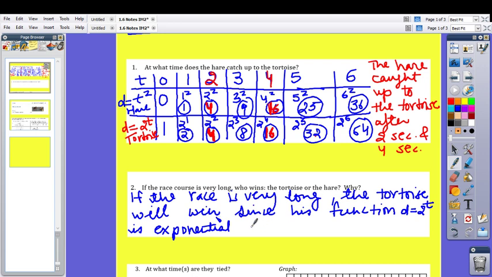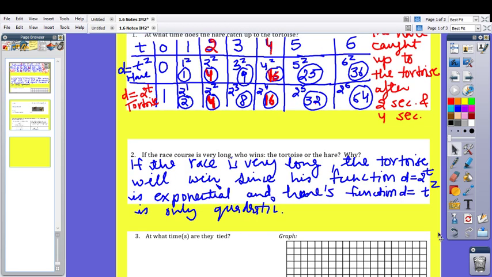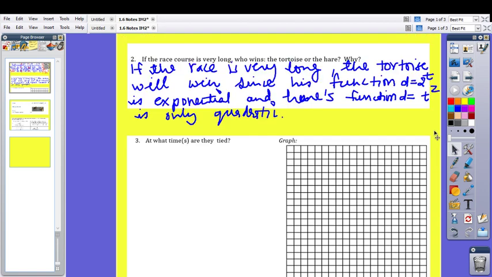So over time he will cover more distance, and hare's function, which is d equals t squared, is only quadratic. So he will not be covering more distance over time because the growth will be more for the exponential function. Okay.